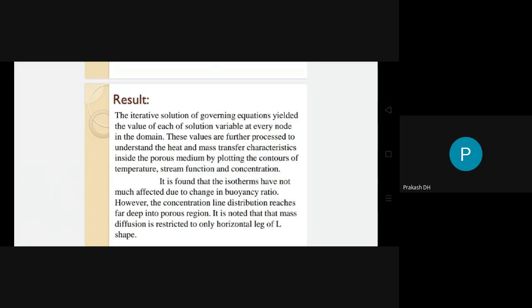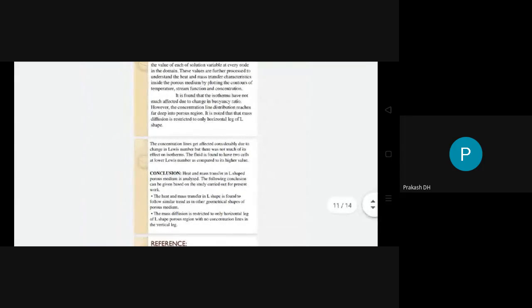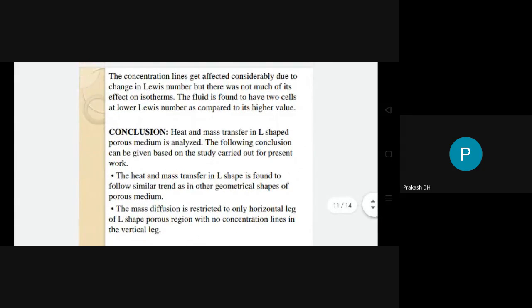It is noted that mass diffusion is restricted to only the horizontal leg of the L shape. The concentration lines get affected considerably due to the change in Lewis number, but there was not much effect on isotherms. The fluid is found to have two cells at lower Lewis number as compared to its higher value.